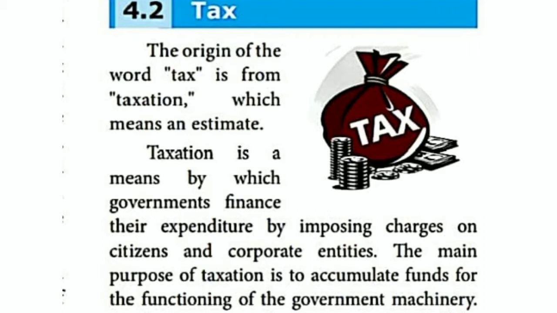From us they were collecting the tax, so what are the ways the government is utilizing it? For the welfare of the people as well as some public matters, they were utilizing it. Those things we are going to learn under 4.2 as well as 4.3. Under 4.3, types of taxes we are going to learn.